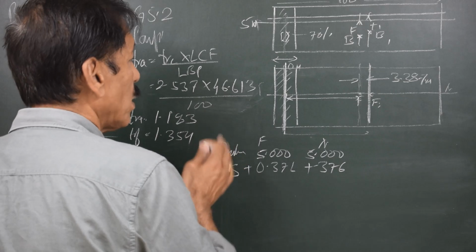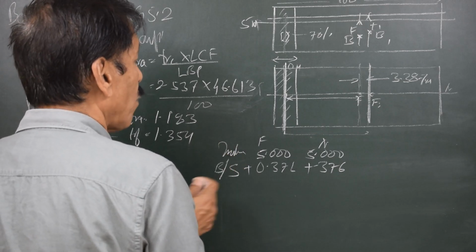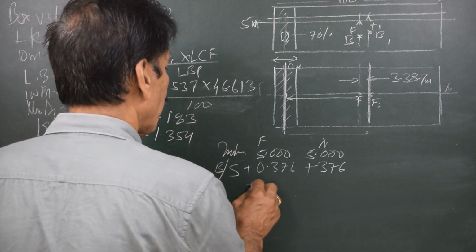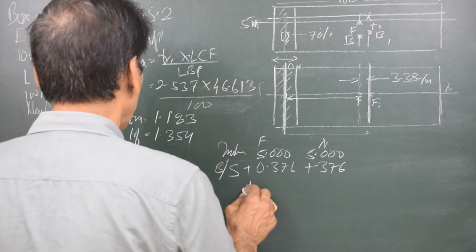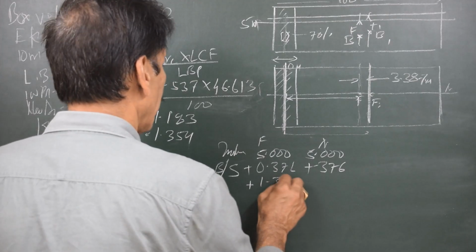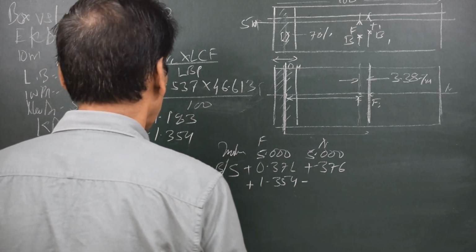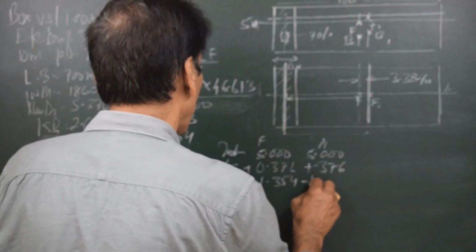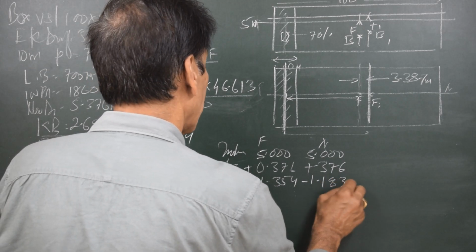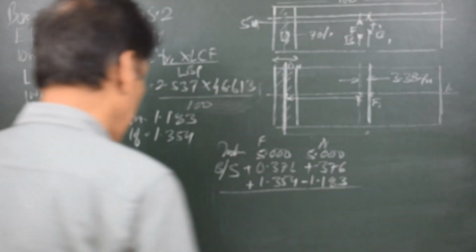If the damage is forward, it means that the forward draft will increase, so TRF should be plus. So TRF is 1.354, and because it is plus, this has to be minus, so this will be 1.183.